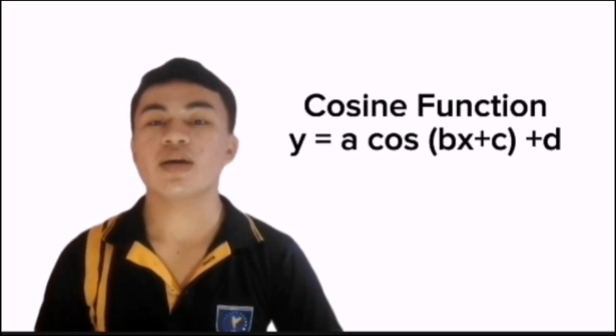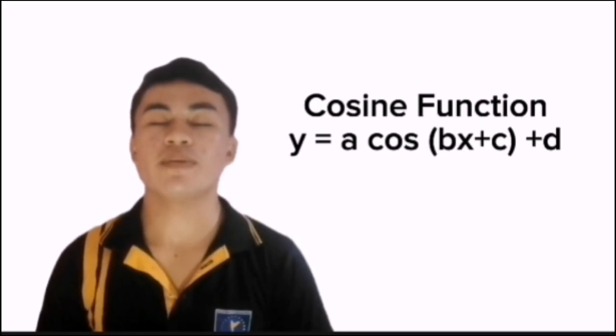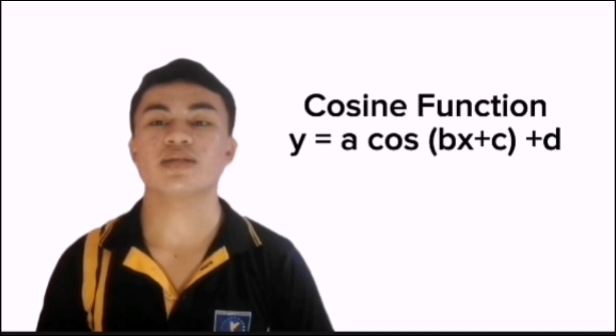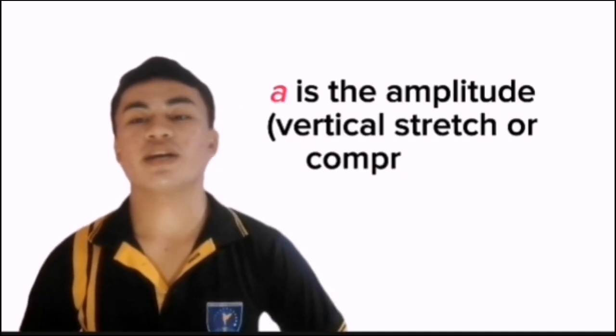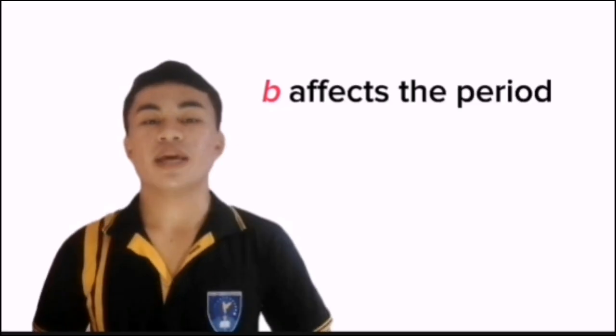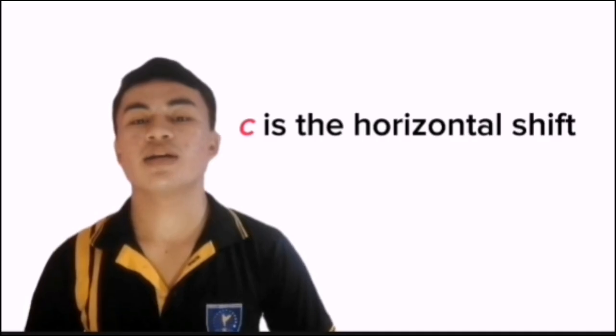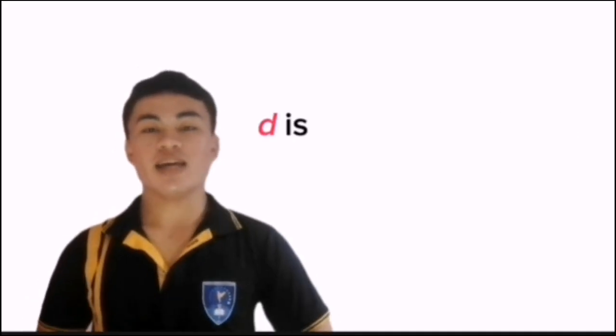While cosine function: y equals a cosine (bx plus c) plus d, where a is the amplitude or the vertical stretch, b affects the period or horizontal stretch, c is the horizontal shift, d is the vertical shift. Let us begin graphing the six trigonometric functions.